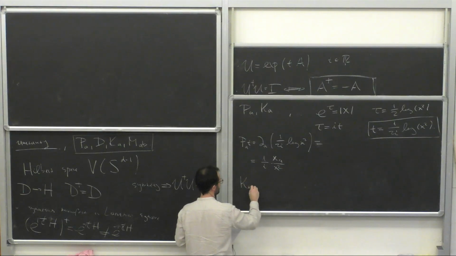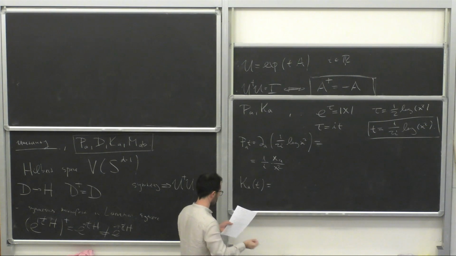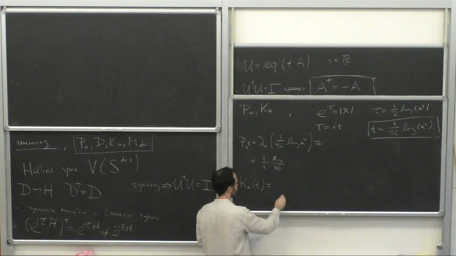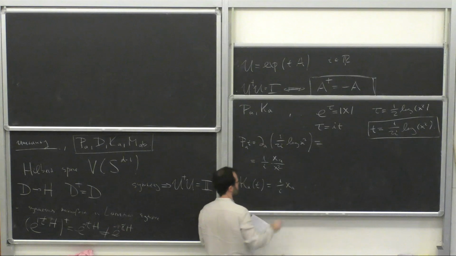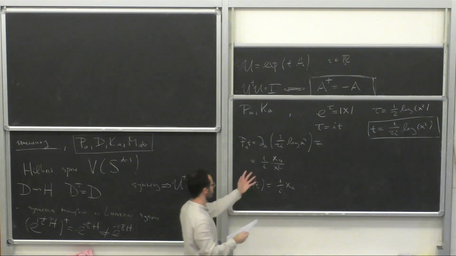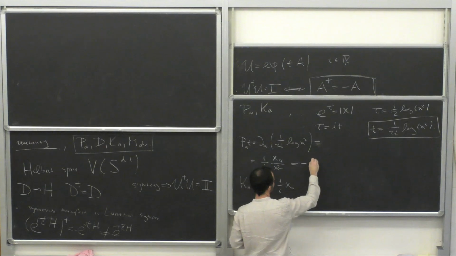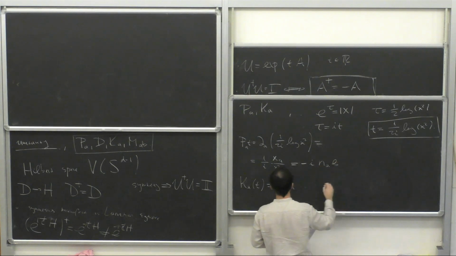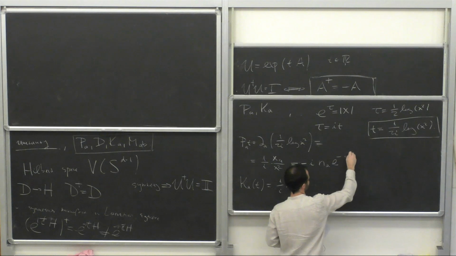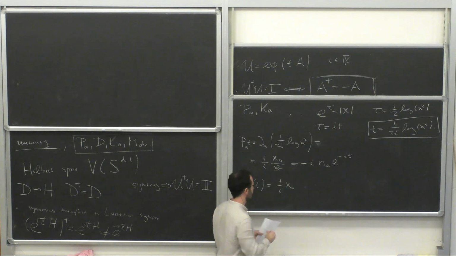And if you do it with the special conformal transformation, this is an exercise if you wish, you're going to find 1 over i times x_a. Let's rewrite this in terms of the cylinder coordinates. So this is minus i n_a e^(-it), right? If it's not clear, let me know.